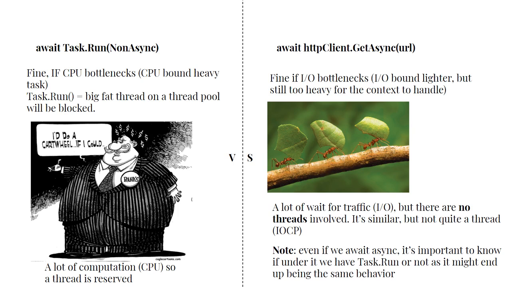Now, if you have something which is limited by the traffic and which mostly awaits for something, for example, if you call an API asynchronously, which returns a result, well, you don't really do much by yourself. You just wait.